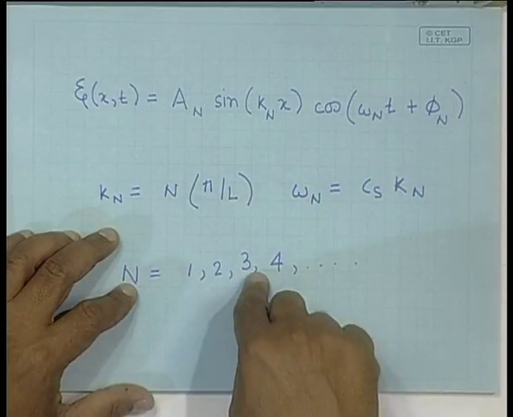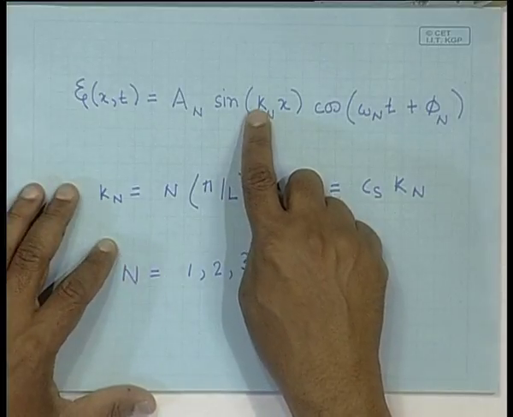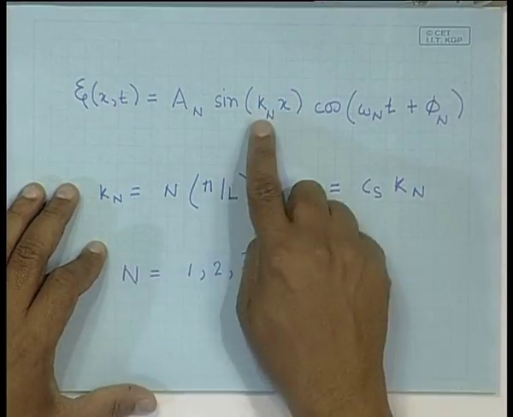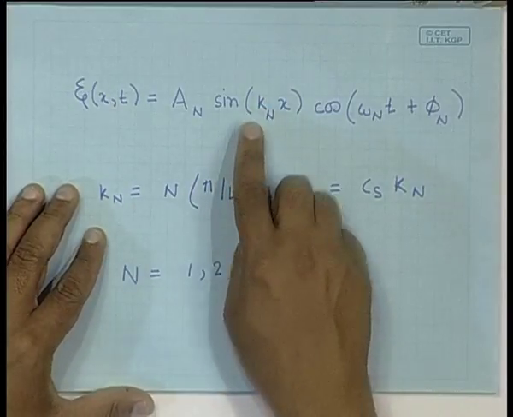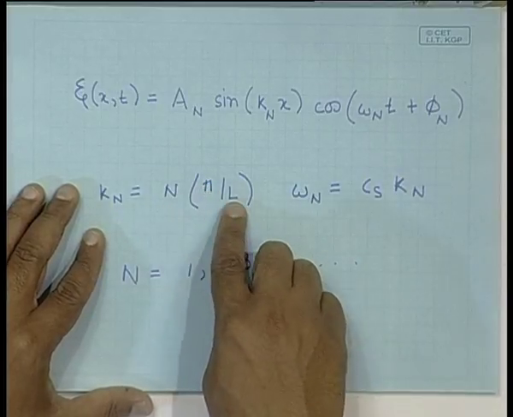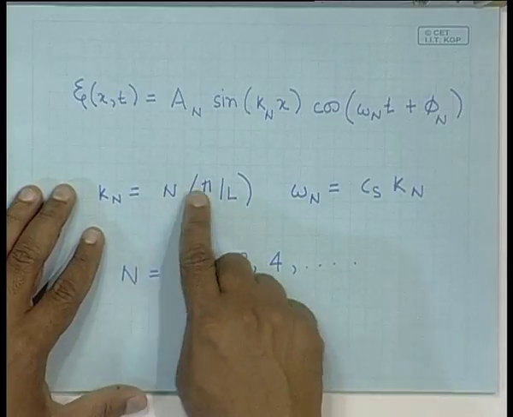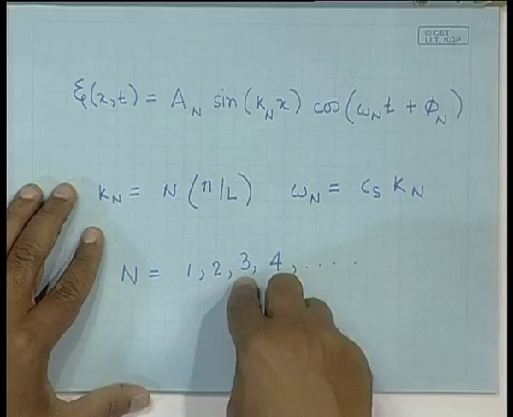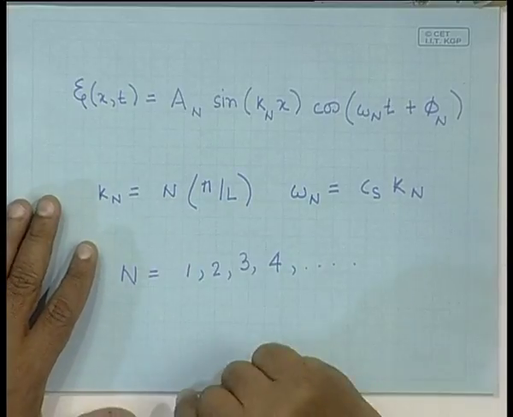Corresponding to any integer there will be a particular value of this k, and the allowed values of k corresponding to different integers are multiples of pi by L. So, n equal to 1 will be 1 times pi by L, n equal to 2, k n will be 2 times pi by L, n equal to 3 will be 3 times pi by L, etc.